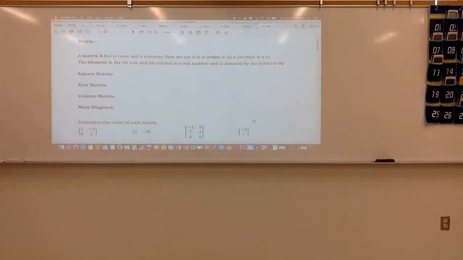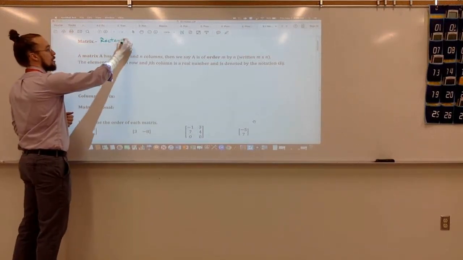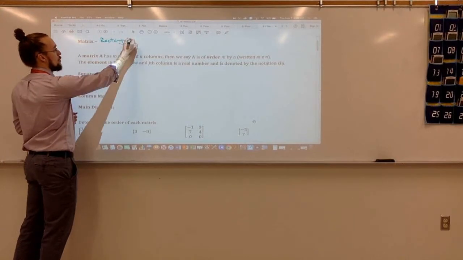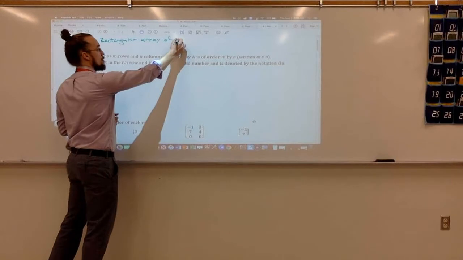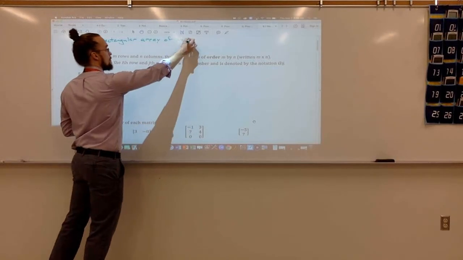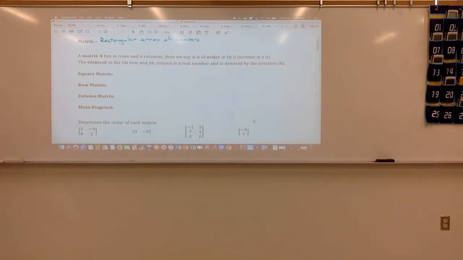A matrix is just a rectangular array of numbers. Usually we use it to organize a set of numbers, and the biggest thing we're going to use it for in this first section is organizing equations.